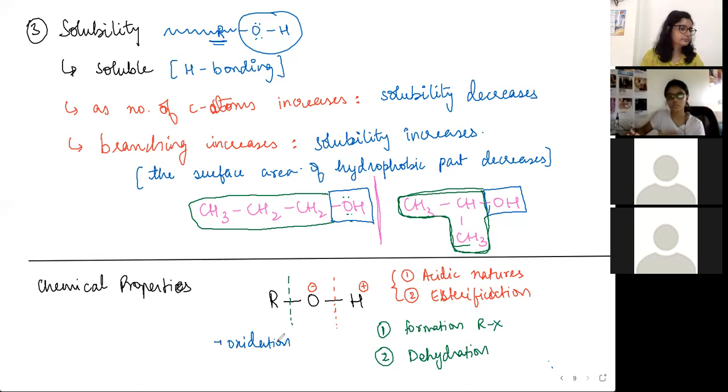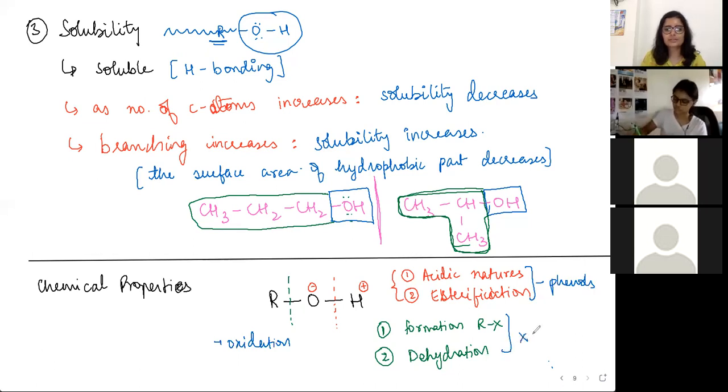Ma'am, both the bond cleavages are common to alcohols as well as phenols, right? And then there are separate reactions that we study under phenols. Phenols will not undergo CO bond cleavage because it's really difficult for the CO bond to break, due to partial double bond character. So these two you get for phenols also, but this you don't get.